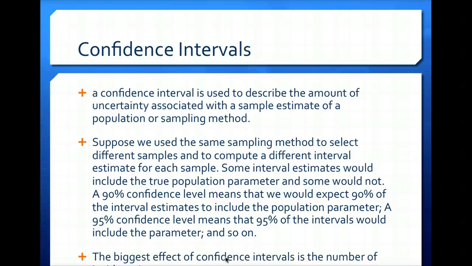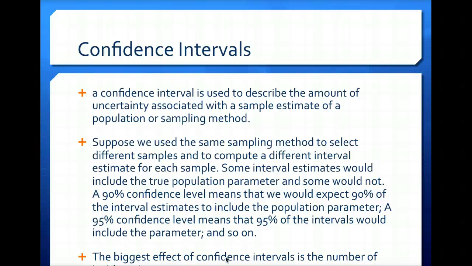Confidence intervals are used to describe the amount of uncertainty associated with a sample estimate of a population parameter. We talked about confidence intervals a little bit when we talked about the alpha value and the p-value, so you should have an idea now.